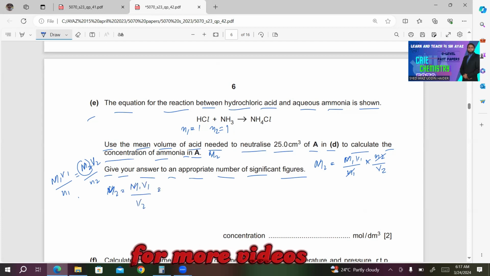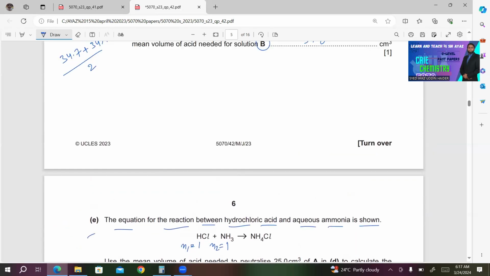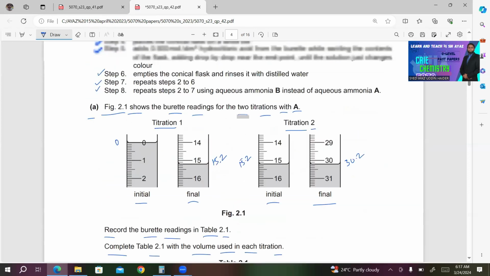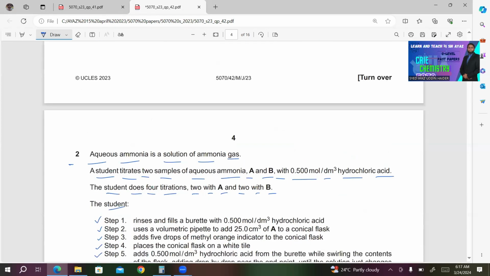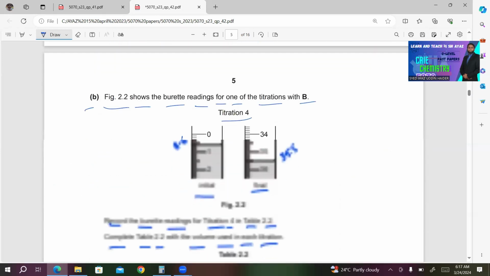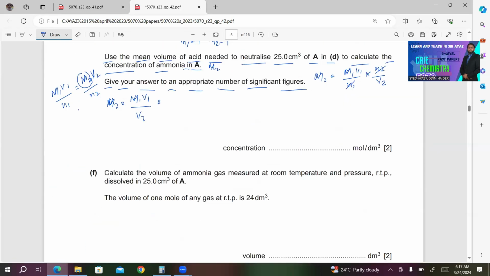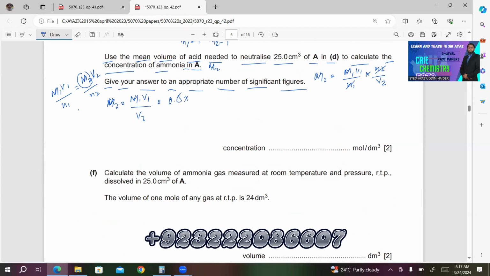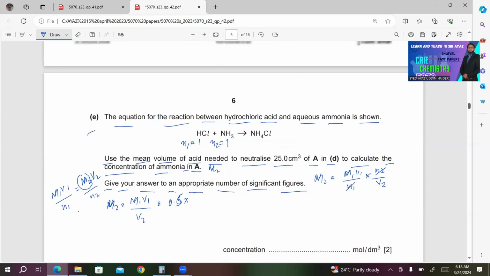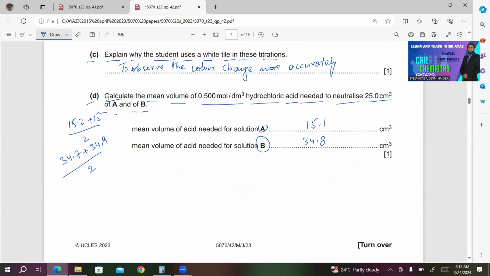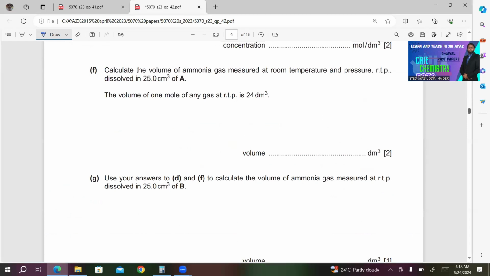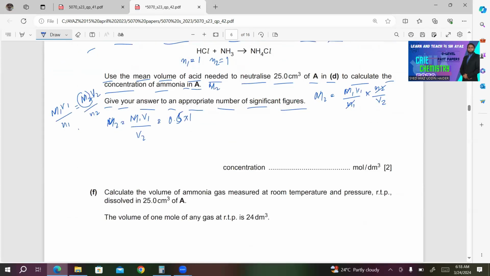M1 is the concentration of hydrochloric acid and V1 is the volume of hydrochloric acid needed to neutralize solution A. So where is M1? It is 0.5 mole per dm cube hydrochloric acid. This is M1. So I will write 0.5 multiplied by the volume needed to neutralize, which is 15.1.